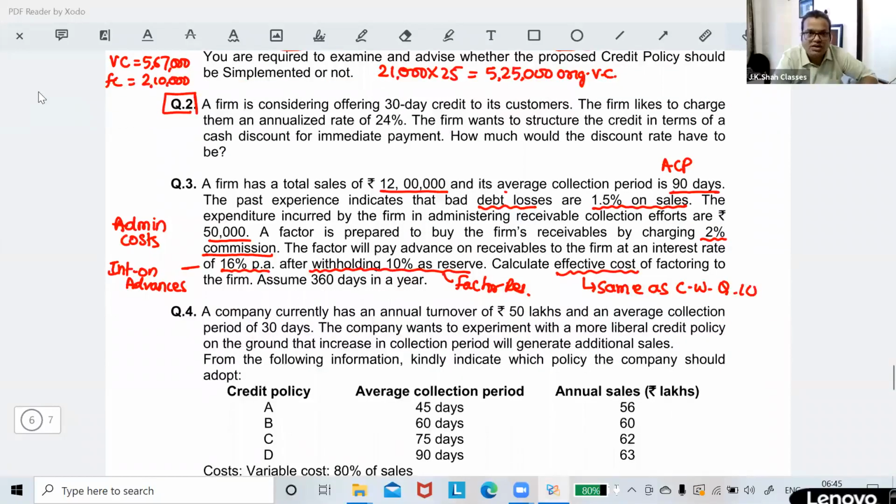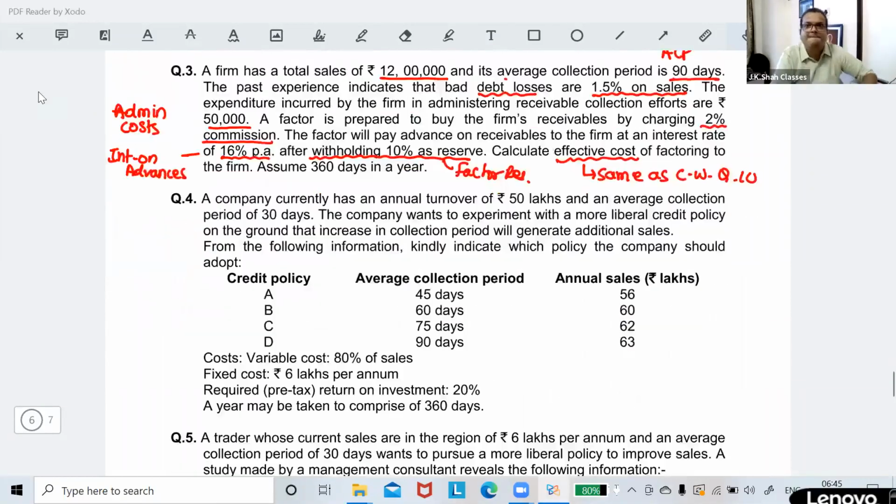I'll scroll a little. Question number 4. A company currently has an annual turnover of 50 lakh. So this is existing sales. And the average collection period is 30 days. So these both things are existing. This is all the existing data.